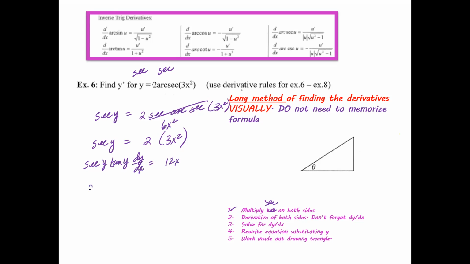Okay, so then we go ahead and solve for dy over dx, which gives me a 12x over secant y, tangent y.